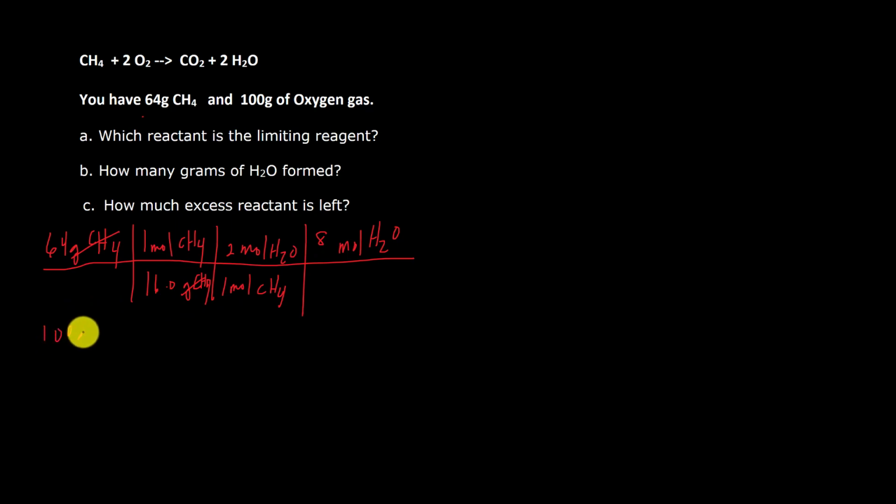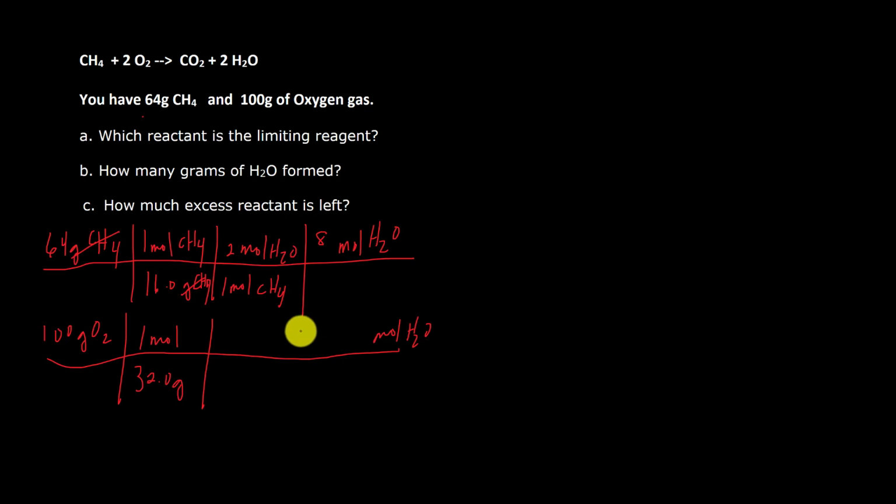We have 100 grams of oxygen gas. And our question is, how many moles of H2O do we form? Same process here, except oxygen is 16 grams per mole, but we've got 2 of them. So O2 is going to be 32 grams per 1 mole.